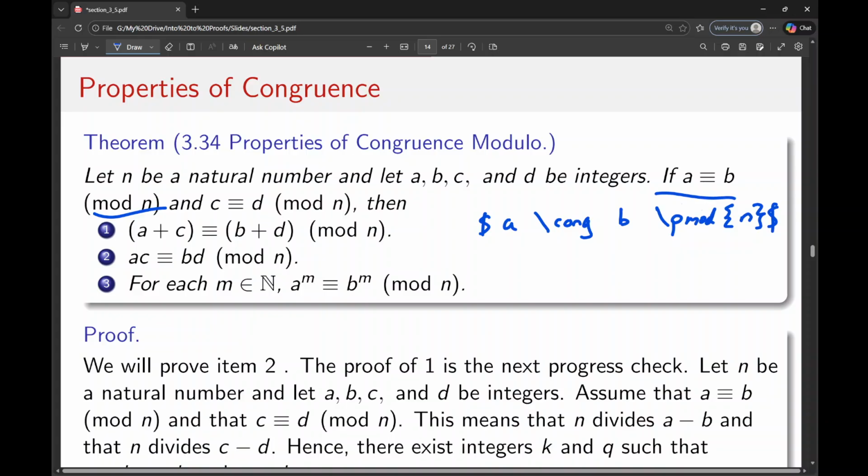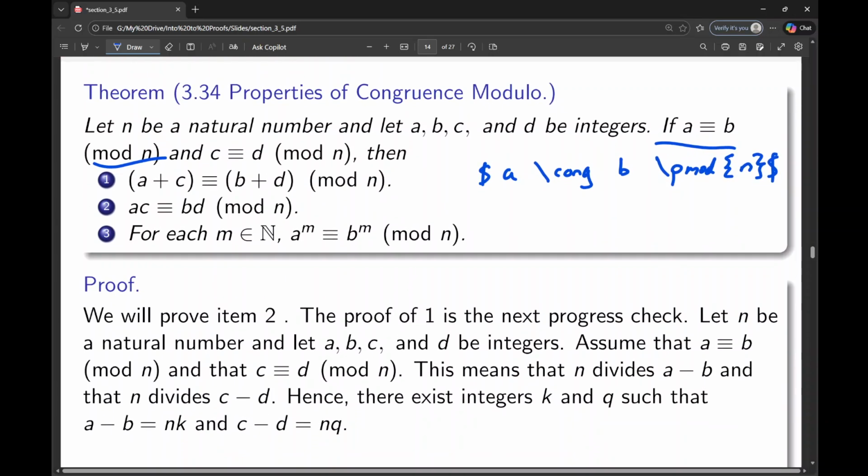All right, so I'm going to demonstrate for you item number 2. Item number 1 you would have done in class. Okay, so for item number 2, we have to assume the hypothesis. So starting from the beginning, n is a natural number, so let n be a natural number, and let a, b, c, and d be integers.